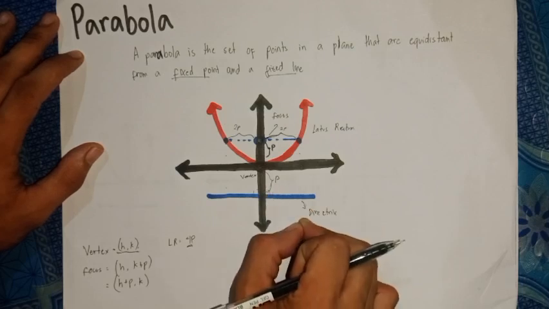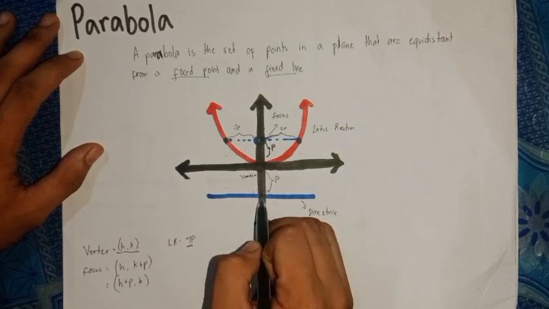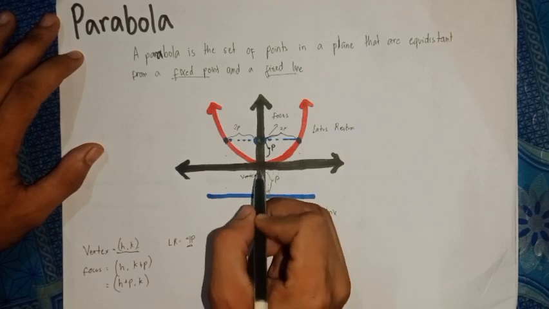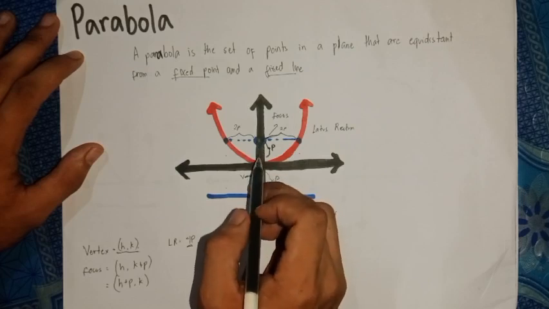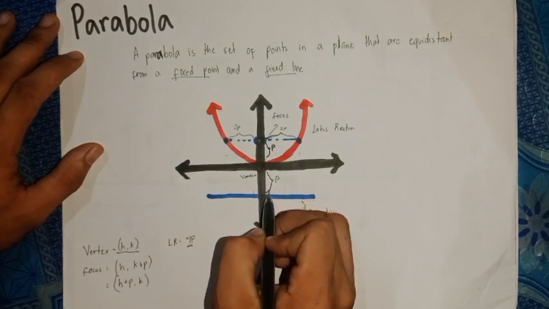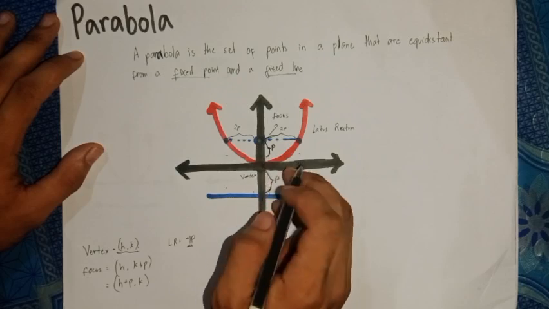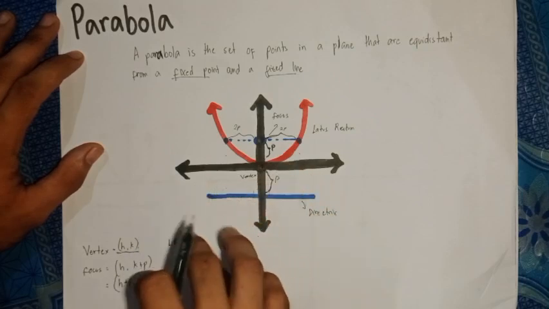And take note that the distance from the vertex to the directrix is equivalent to the distance from the vertex to the focus. They have the same distance, denoted as p.